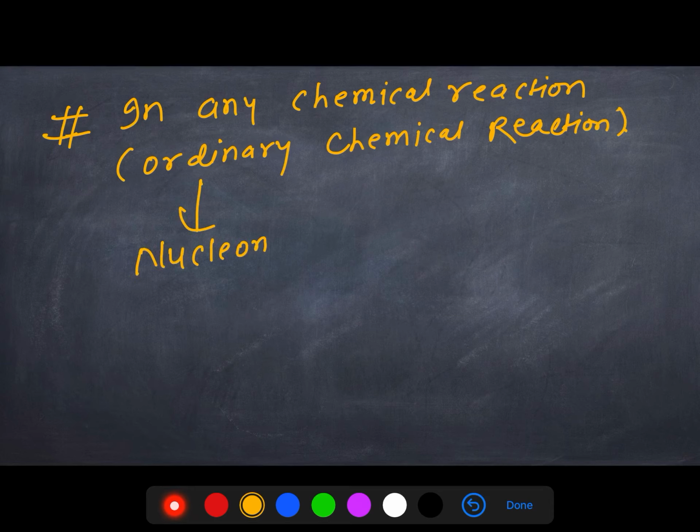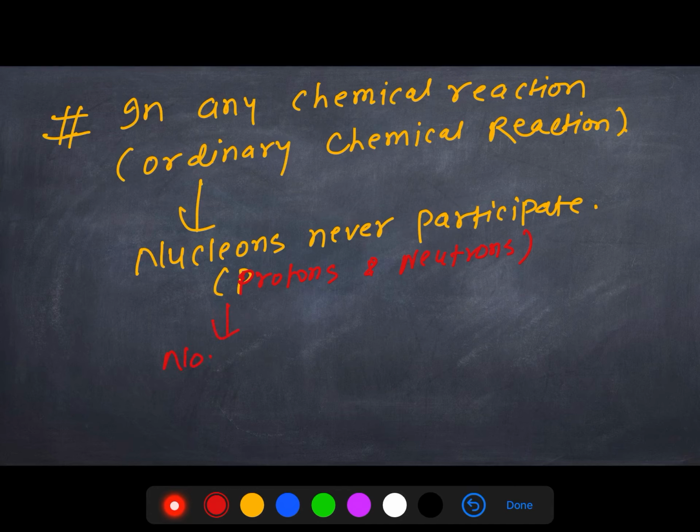Just for the ordinary chemical reaction, remember that nucleons never participate. In any normal reaction, the nucleons, which are protons and neutrons, will never ever participate in the ordinary reactions, correct?